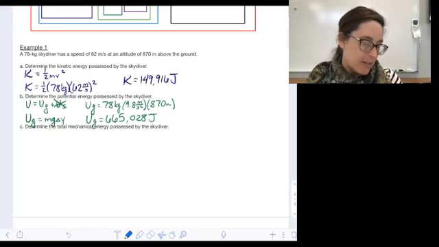And lastly, we can find out how much mechanical energy is possessed by this skydiver. Now we know mechanical energy is the combination of kinetic and gravitational and spring.